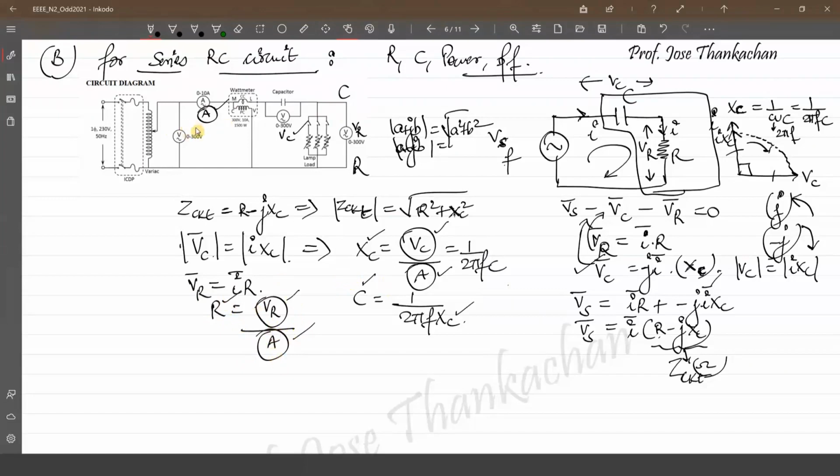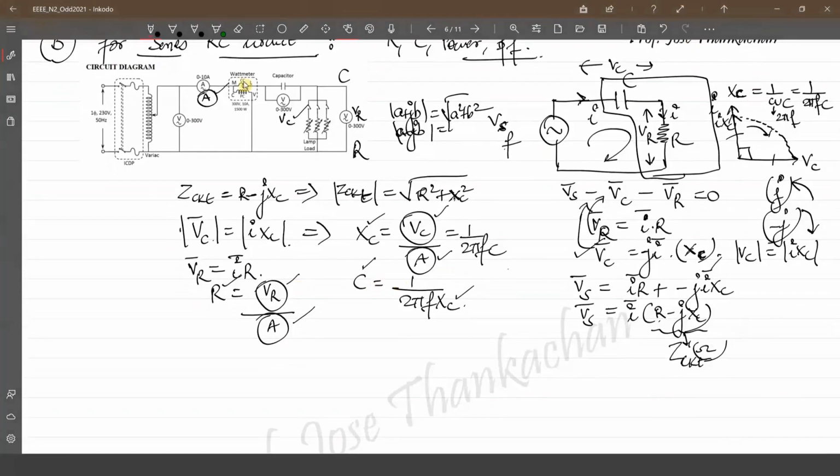Now, what else do we have to find out here? Let me open your manual and look at the circuit diagram. Yes, we know R, we know C, and you can see here we again have a wattmeter.